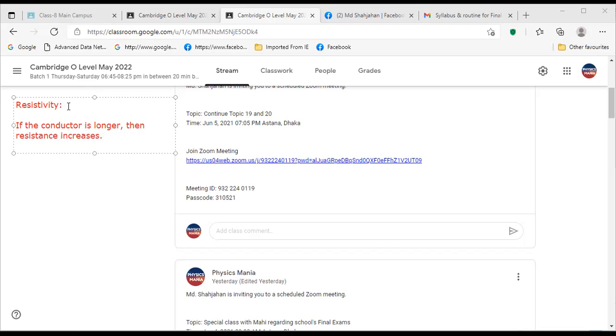That means resistance and length of the conductor are directly proportional, we can say, right? That means R is directly proportional to the length of the wire.